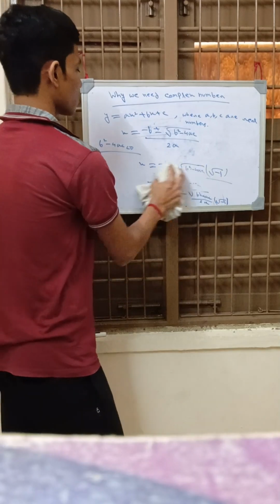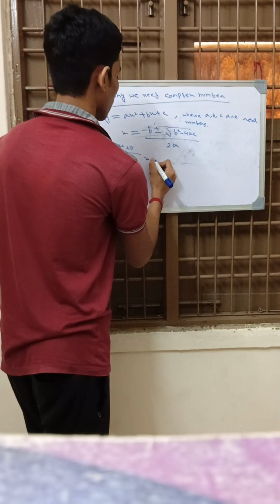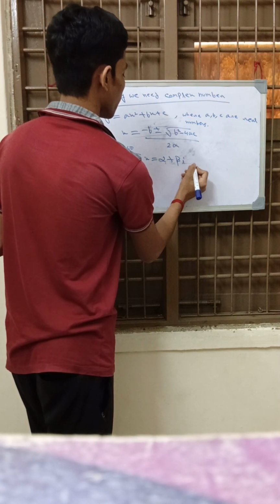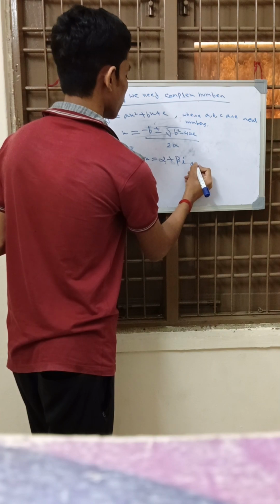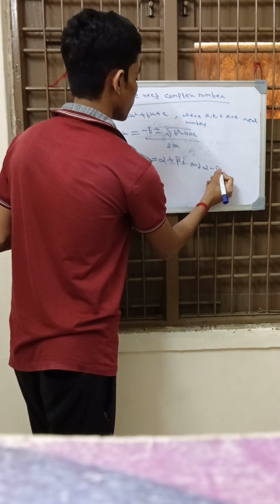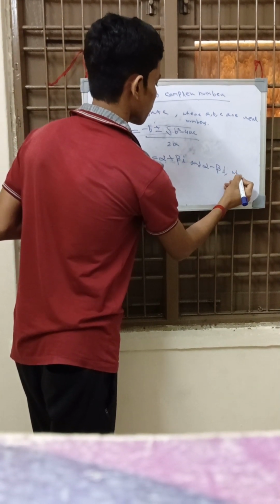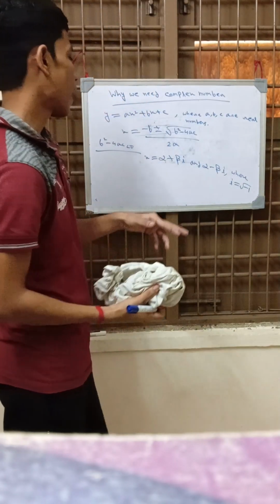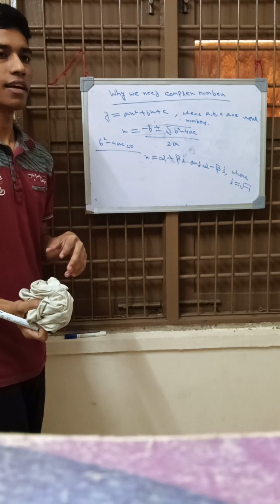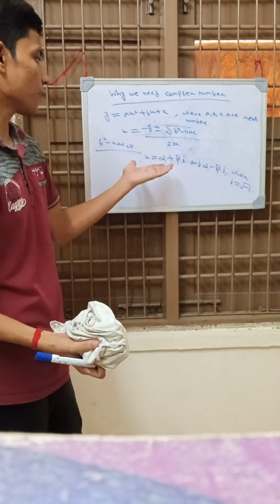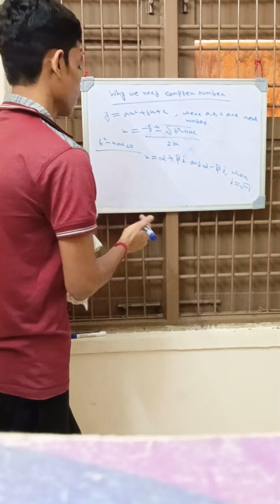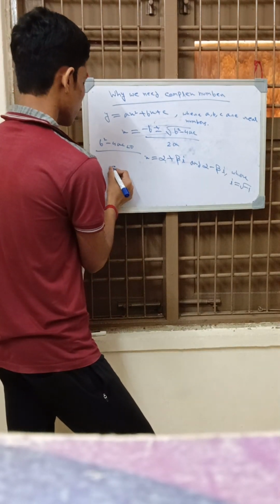So now our solution looks like x equals either alpha plus beta i or alpha minus beta i, where i equals square root of minus 1 and alpha, beta are real numbers. Then we get a new type of number. This number is called a complex number, and we denote this set as C.